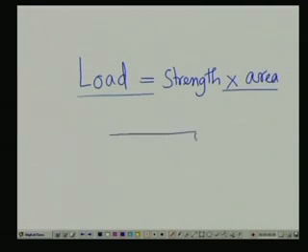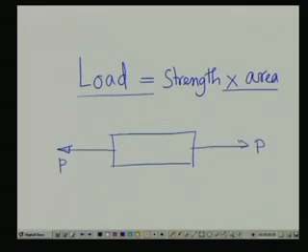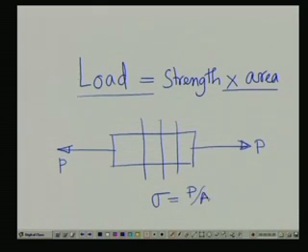See, if you have a machine member acted upon by a load P, you know at any section what the stress is. At any section 1, 2, 3, if you consider, the stress sigma will be equal to P by A. What is A?